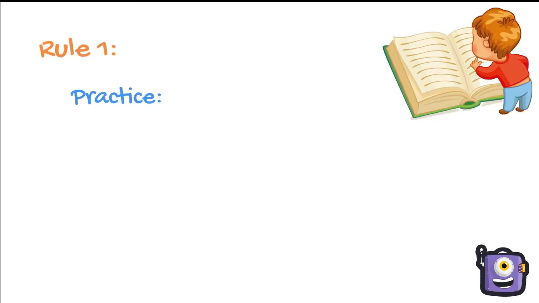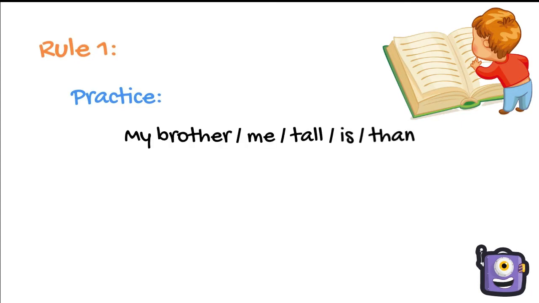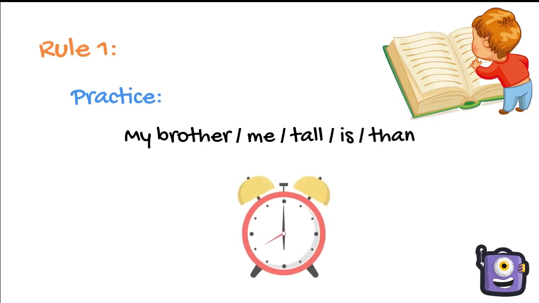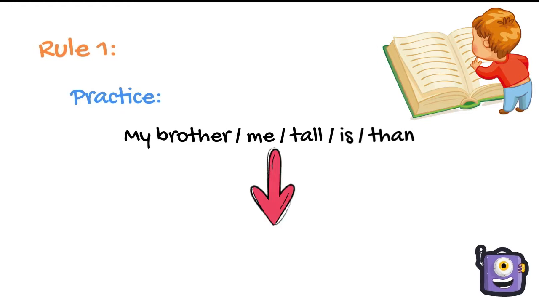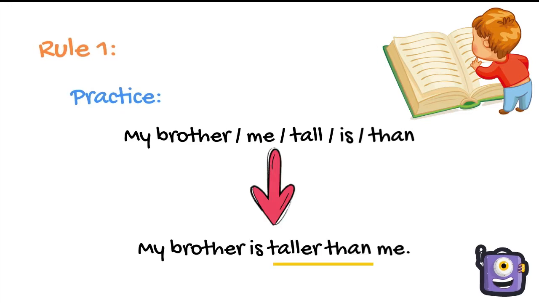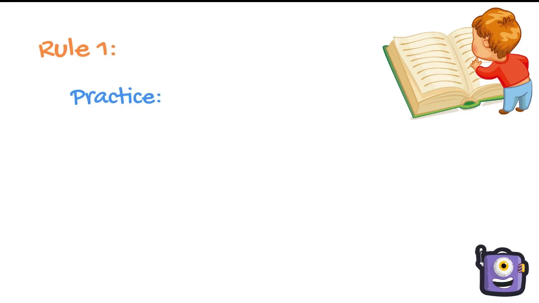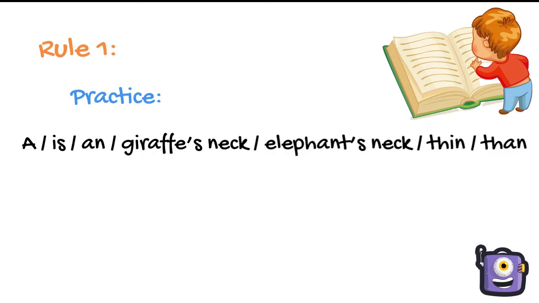When we know the rules, everyone try to rearrange the words in the correct order. First. And the answer is: my brother is taller than me. Second.